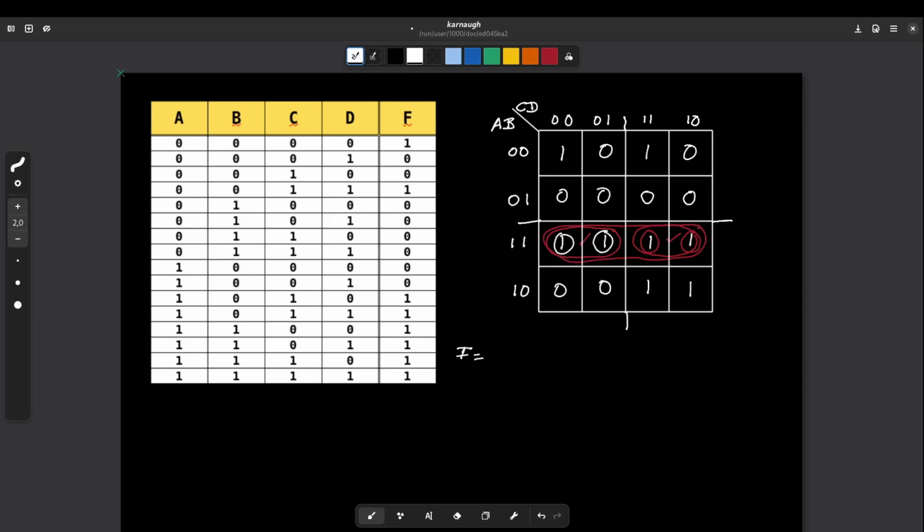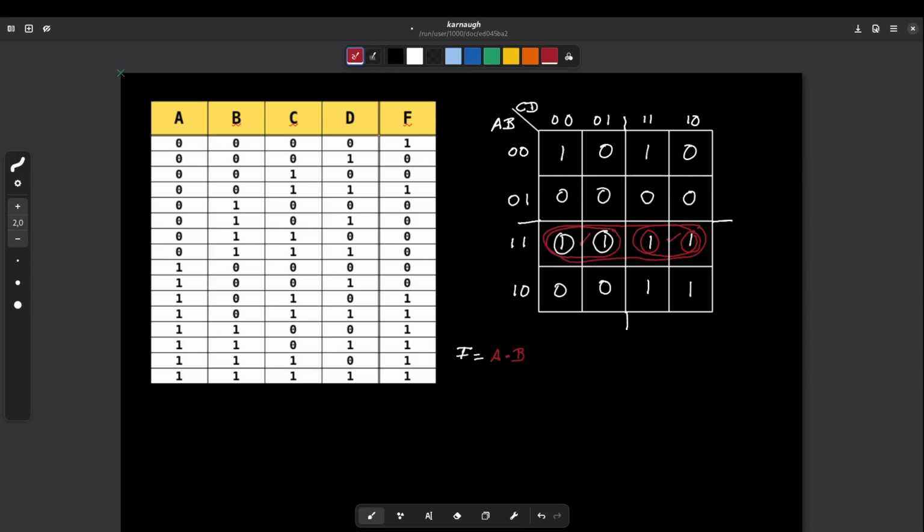So for this I can write, by minimizing, that this yields A and B. Those are the only variables whose values don't change along this row.